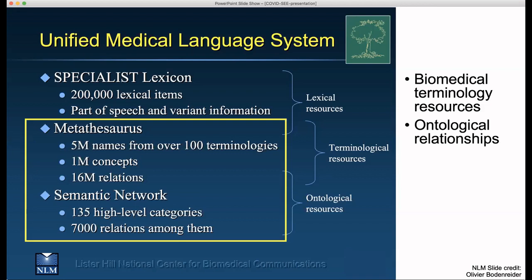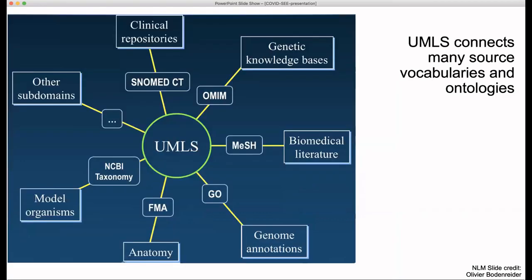They've attempted to provide an ontological layer over that terminology by defining 135 higher level categories and summarizing those 16 million relations that are in the metathesaurus into about 7,000 relations at that higher ontological level. So that's a really important resource.